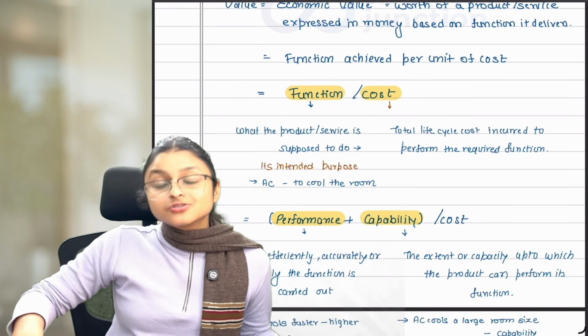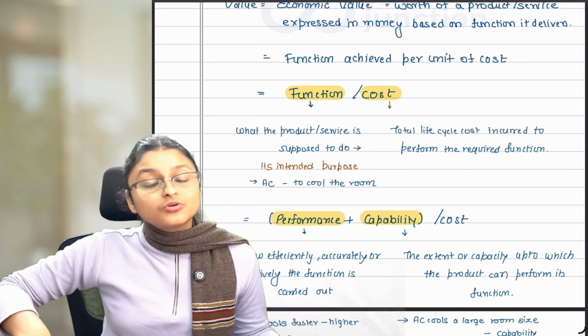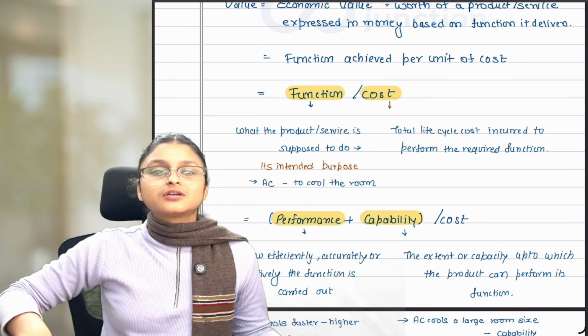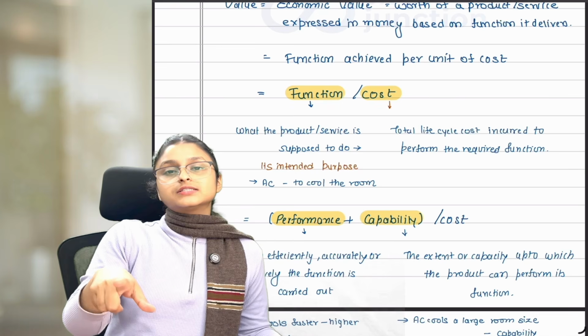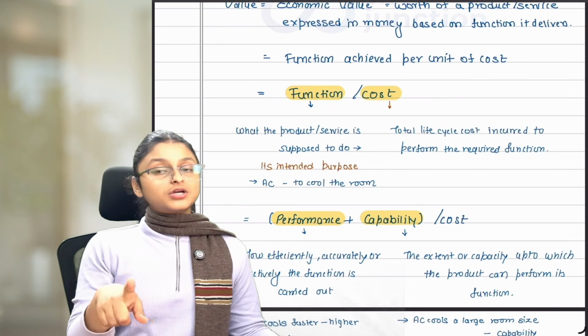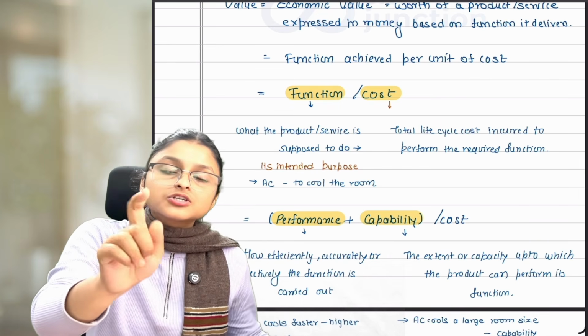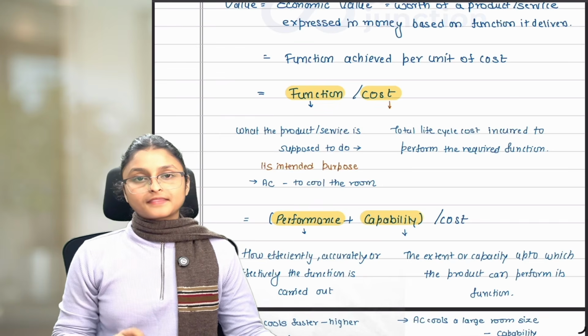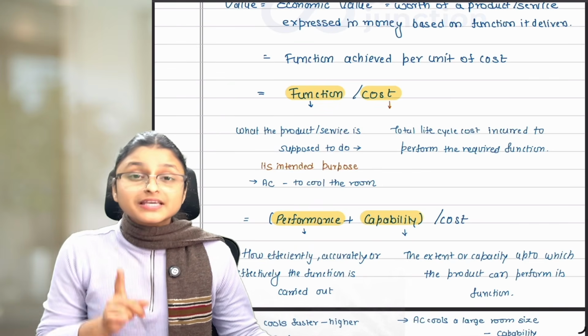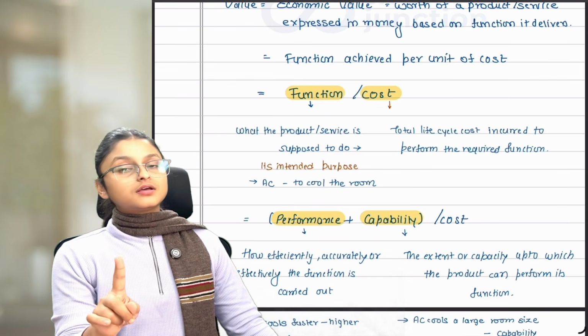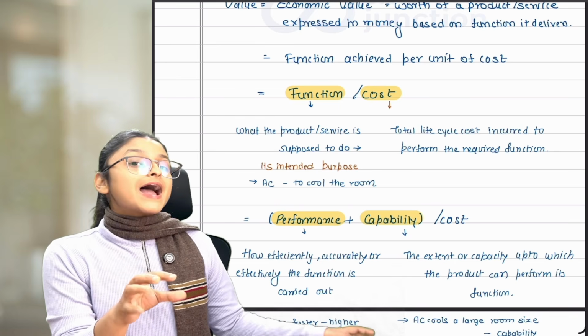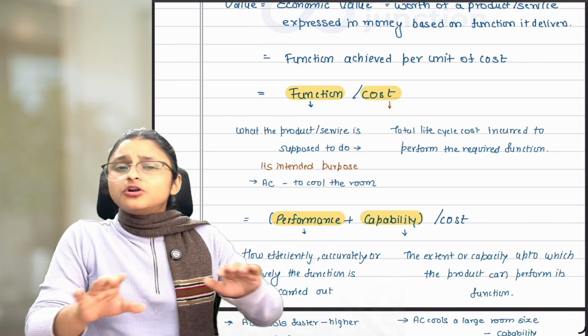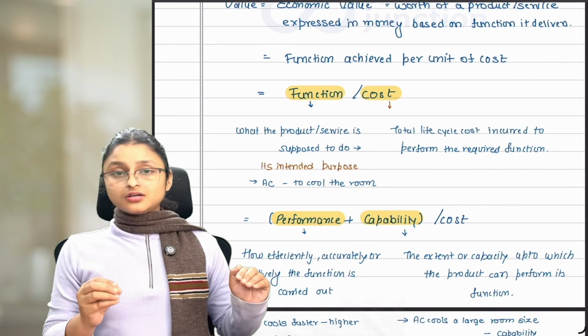But it is not like value analysis only focuses on reducing the cost. It's the main function of value analysis, but with the help of value analysis, you can improve the function keeping the cost as it is. Now, when I'm saying improving the function, that doesn't mean I'm going to add something more. I'm not going to do differentiation here.